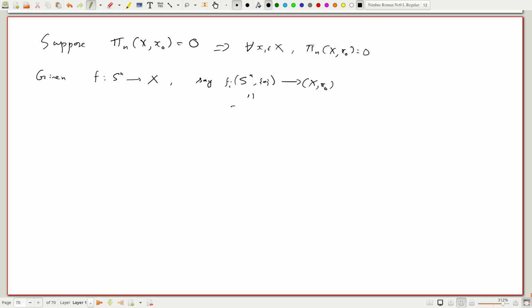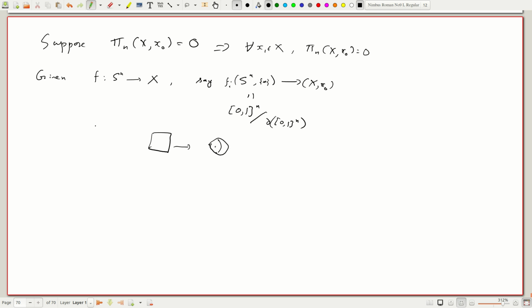Remember, this is the quotient of [0,1]^n. So if I take a square or a cube and quotient the boundary to a point, I'll get a sphere. So I've got [0,1]^n quotiented out by the boundary of [0,1]^n.